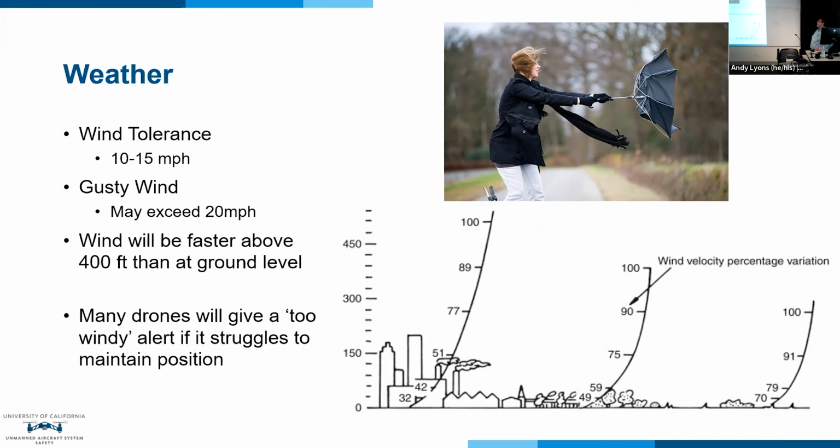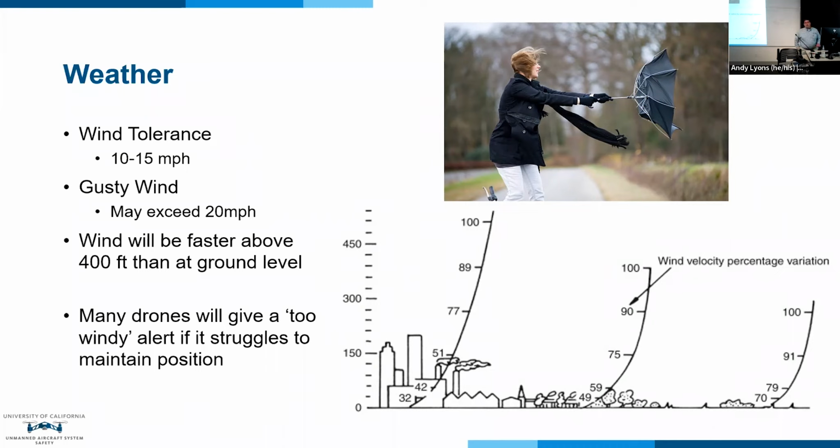Now, our drones might be able to tolerate that, but see, our wind will always be faster above than we are at the ground. If we are taking the wind measurements at the ground, I wouldn't say twice as fast at 400 feet, but it very well could be a lot faster at 400 feet. So whatever the wind level on the ground is, it's going to be worse up in the sky.